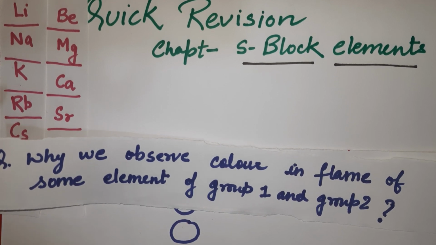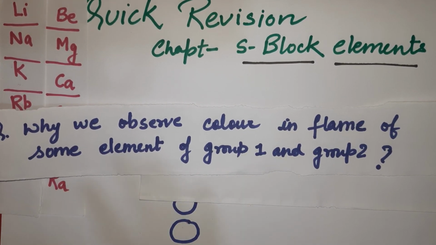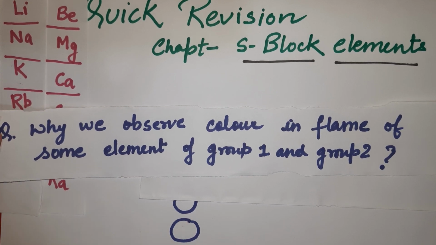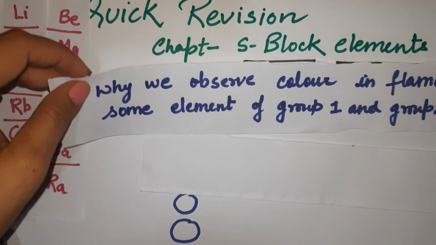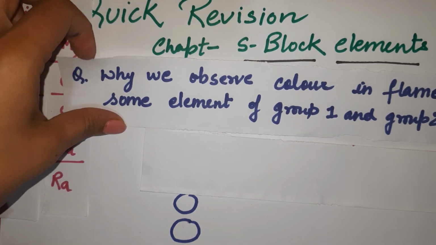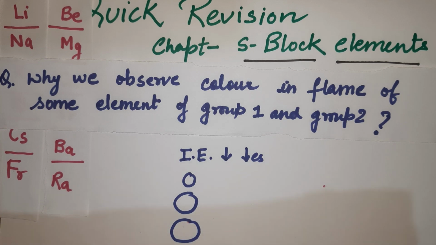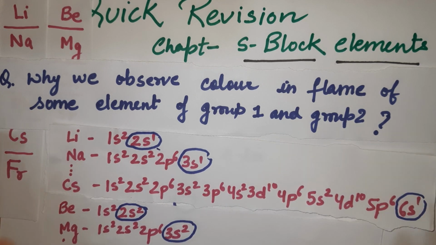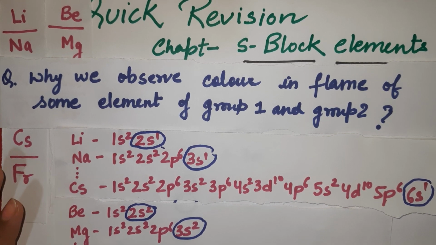Why do we observe color in the flame of some elements of group 1 and group 2? This color is because of the excitation of the outermost electron, which is filled in the valence shell. Electronic configuration is very important; you need to learn it and understand it also.